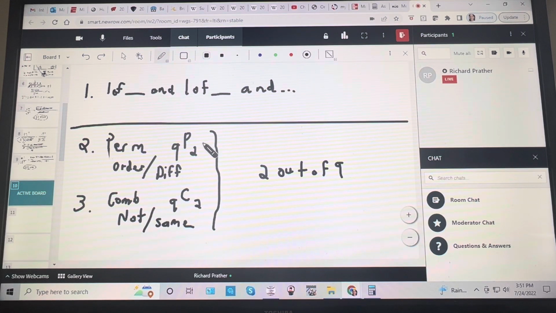If it's 9 permutation 2, what you end up doing is 9 factorial over 9 minus 2 factorial. If it's a combination, it's 9 factorial over 2 factorial and 9 minus 2 factorial. These are done very similar to each other. And then there's even shortcuts to this that you don't have to do these like we were doing a second ago.